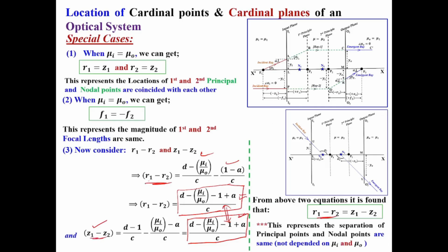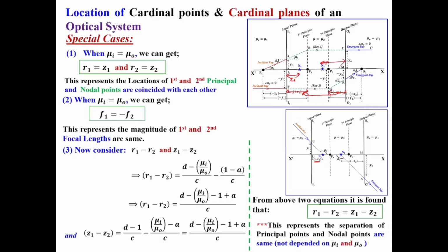That means this is your r1 and this is your r2. If I subtract these two lengths, it will be equal to the subtraction of these two lengths. This one is your z1, and this one is your z2, measured from the output plane.